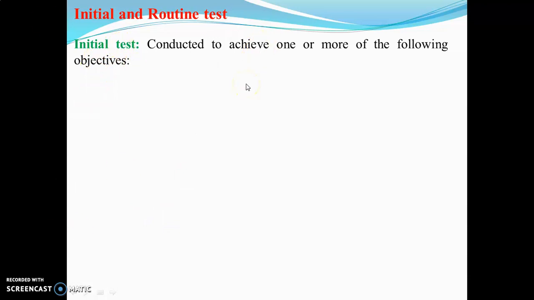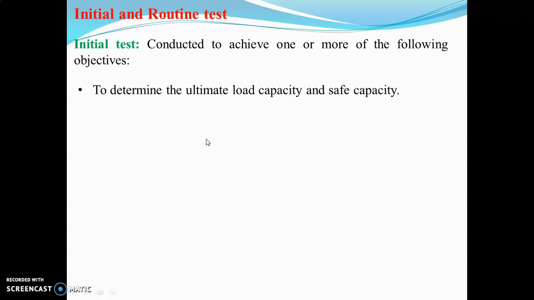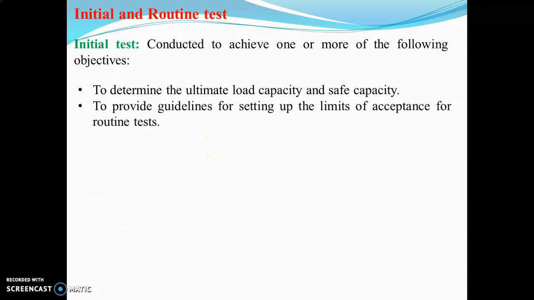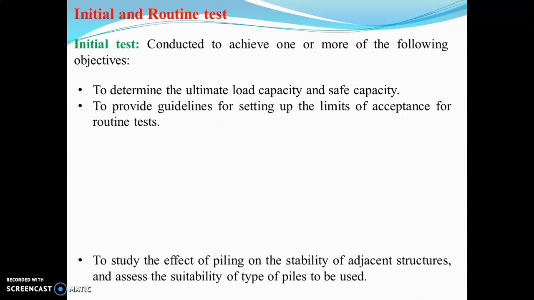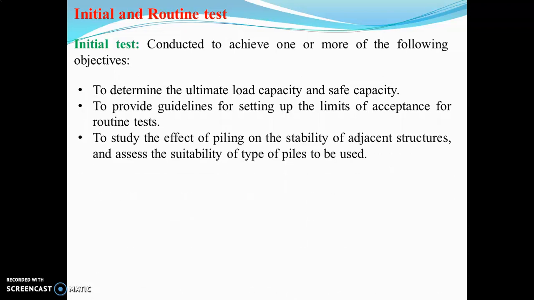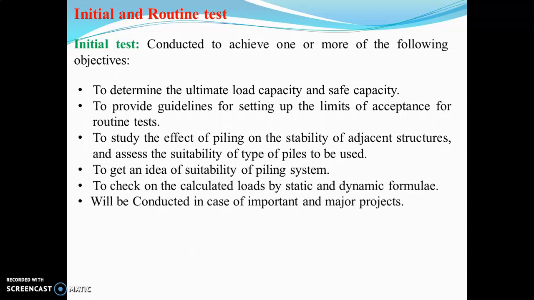It is conducted to achieve one or more of the following objectives: to determine the ultimate load capacity and safe capacity, to provide guidelines for setting up the limits of acceptance for routine tests, to study the effect of piling on the stability of adjacent structures and assess the suitability of the type of piles to be used, to get an idea of the suitability of the piling system, and to check the calculated loads by static and dynamic formulae.